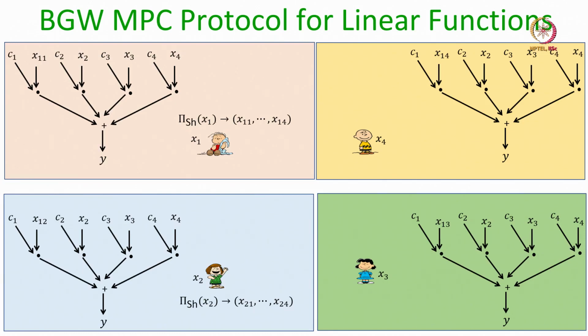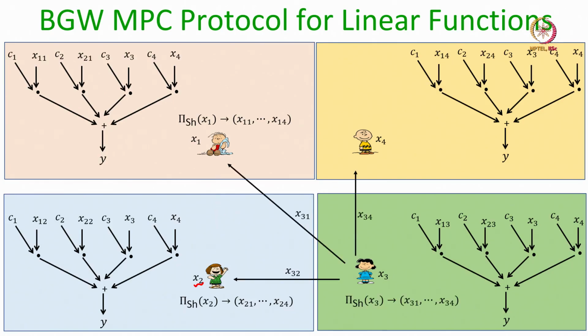We do not need to wait for the VSS instance of party P1 to get over and then start the VSS instance for P2. All these VSS instances can be executed in parallel. So, in parallel P2 can act as a dealer with input x2 and invoke an instance of the sharing phase protocol of the polynomial based VSS, and that will ensure that its input x2 is t-secret shared. In parallel P3 acts as a dealer and does the same, and P4 acts as a dealer and does the same.